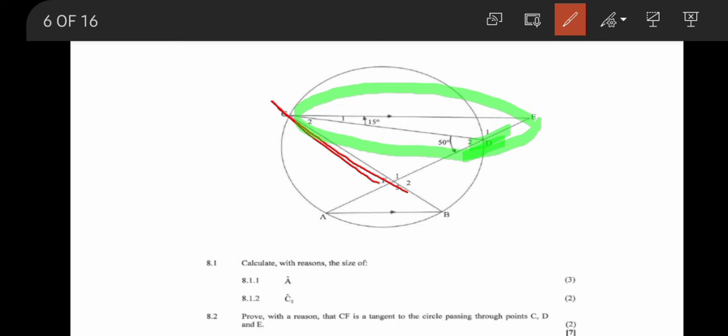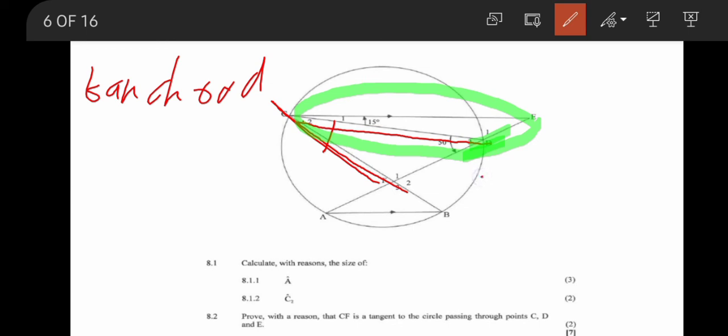Now, how are we going to prove that CF is a tangent? In this case, we can see there is an angle C2 forming between the tangent and a chord inside the circle, right? The theorem associated with that is the tan chord theorem, which says if I have an angle between a chord and the tangent, then that angle must be equal to the angle on the alternate segment.